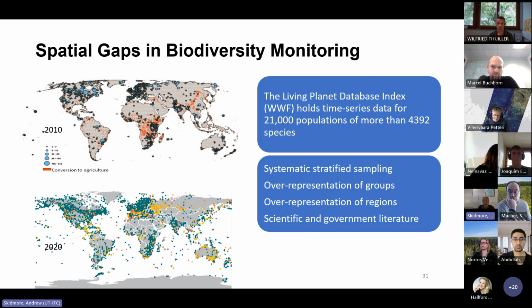There's also a lot of spatial gaps in the observation system. If you look at the Living Planet database for 2010, you see the actual data points that WWF were using to come up with the Living Planet database index. That's been filled in by 2020 with more points. But still, you see that there's large areas of the Earth that don't have any observations.